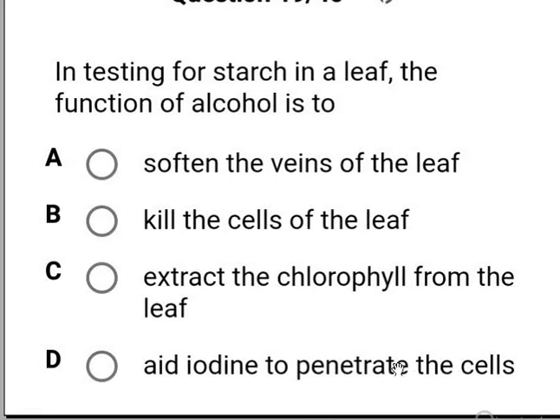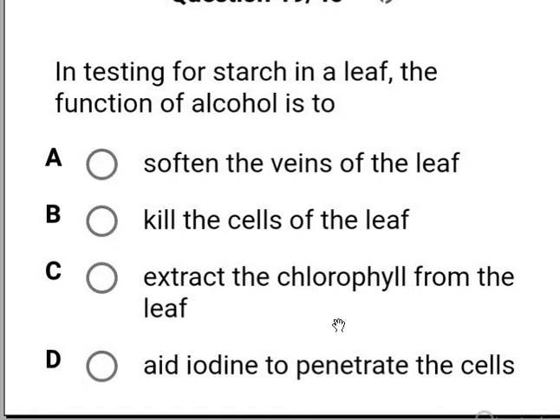So the correct option here is C, extraction of the chlorophyll from the leaf. Why? Because in testing for starch in a leaf, the function of alcohol is to extract the chlorophyll from the leaf. So C is the correct option.